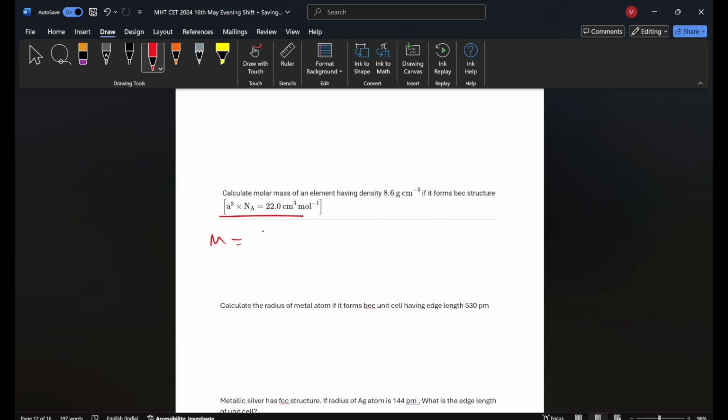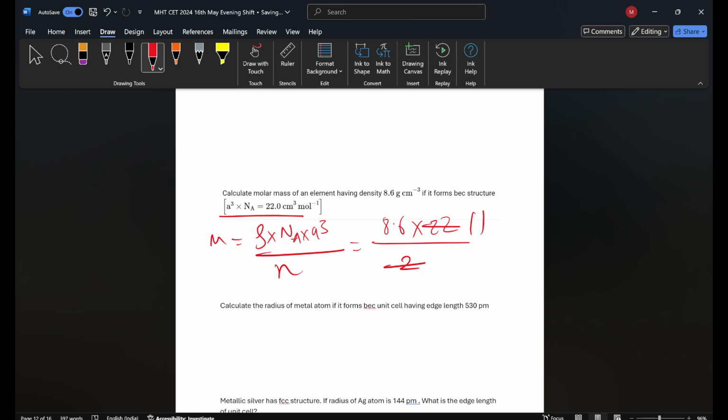Molar mass formula is density into A cube by N. So they have already given 22. Density it is 8.6 into 22 by, what it is given, BCC. So it is 2. So 2, 11. So just simply we are supposed to do that.